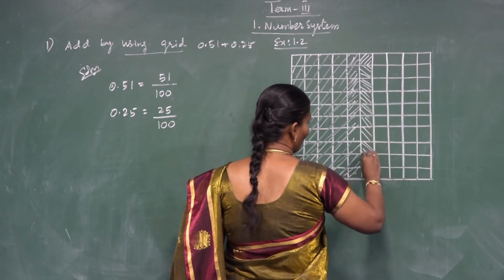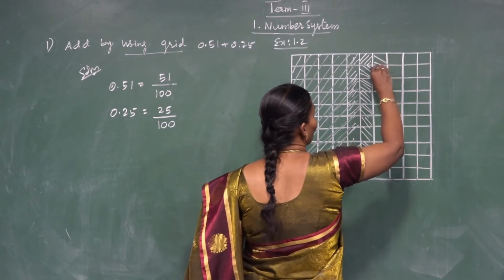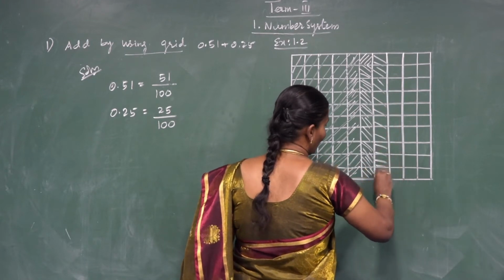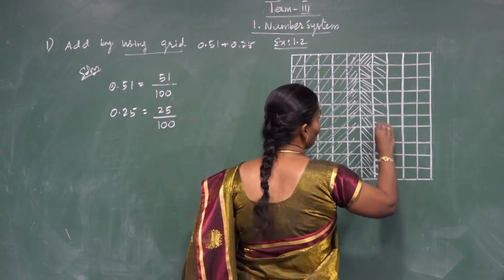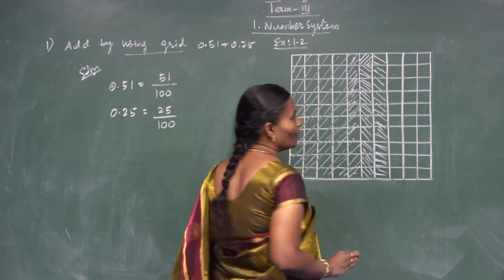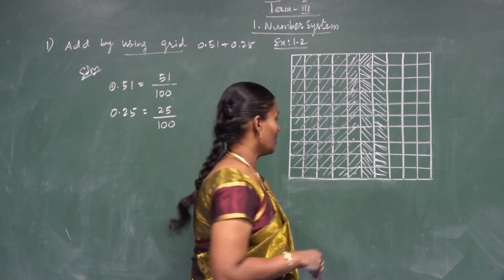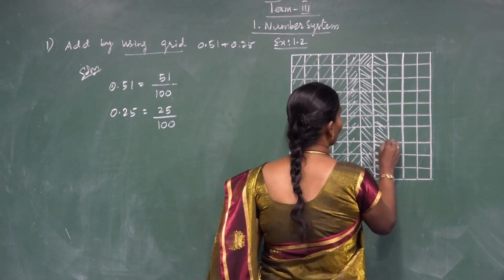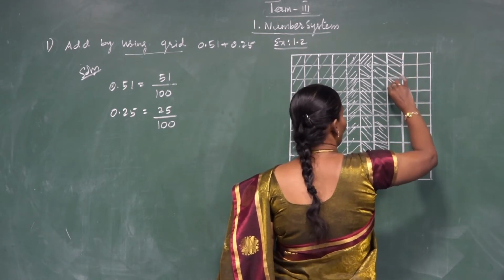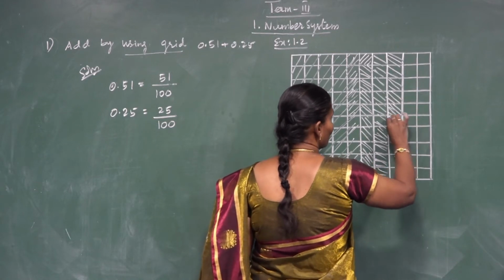So this is the 9 boxes. Then this is the 10. This row occupies 10 boxes. So totally 19. Remaining 6. You have to shade the remaining 6. See, this is 1, 2, 3, 4, 5, and this is the 6.